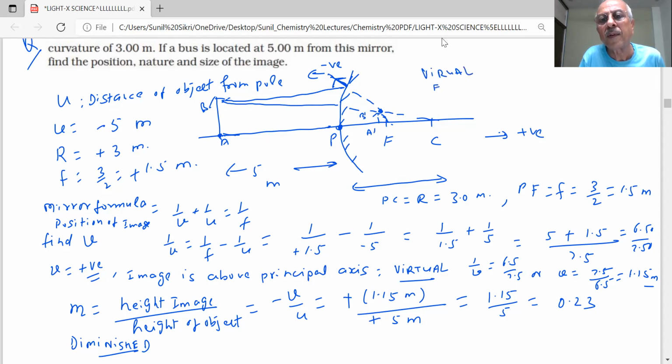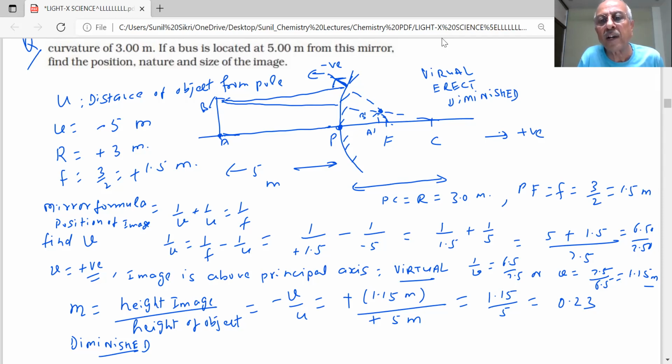So what is the nature of the image? Virtual, erect, diminished. And where is it formed? What is the value of V? 1.15 meter. So it is at 1.15 meter, whereas F is 1.5 meter.